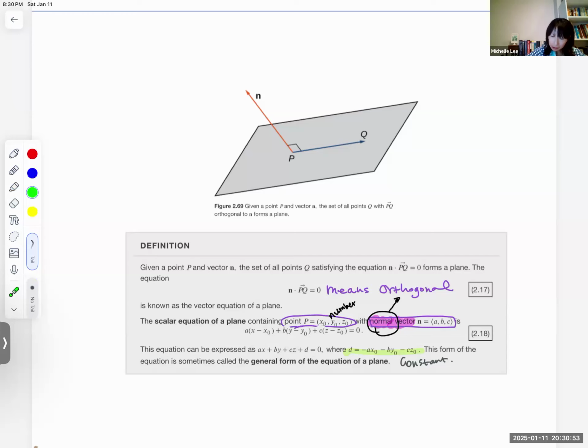Let's take a look. This is vector PQ from the point, right? And then we have another vector, which is orthogonal, right? Because there is a perpendicular notation. So we call this a normal vector.